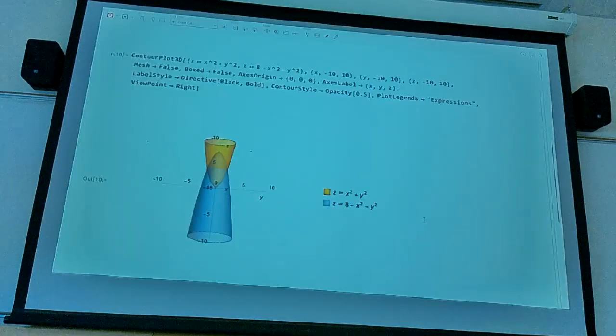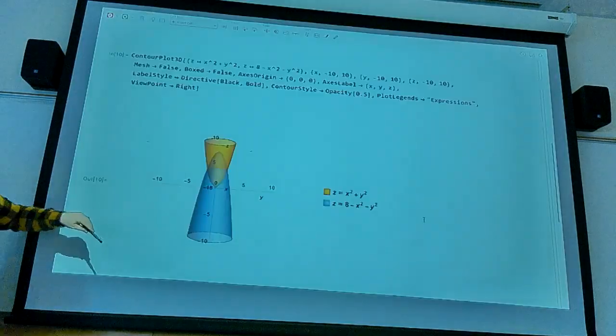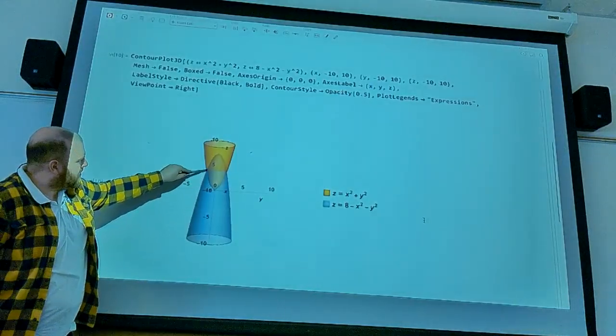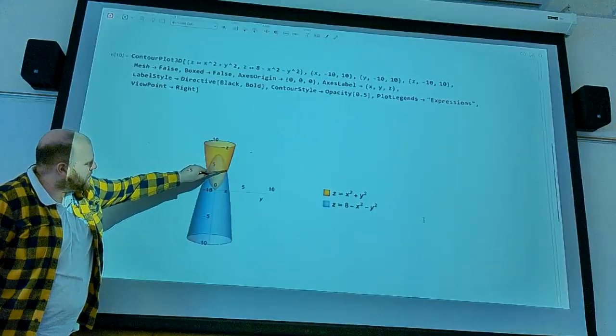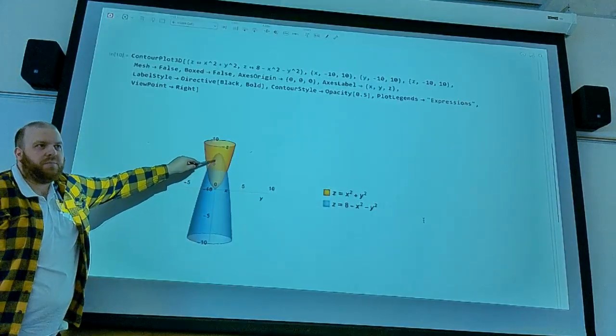The solid we're looking at, that pill shape there, right?